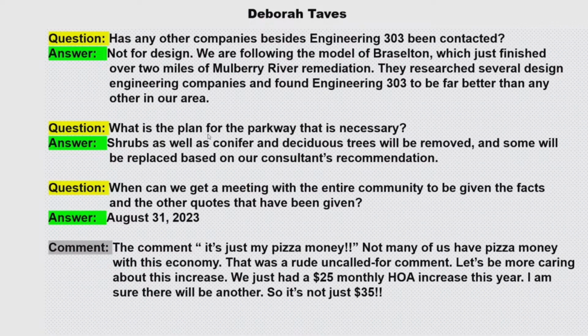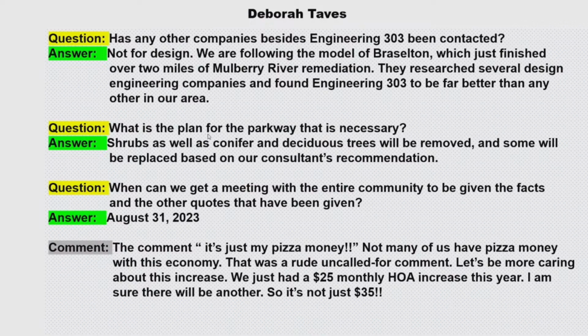And a comment, it's just my pizza money. Not many of us have pizza money with this economy. That was a rude, uncalled for comment. Let's be more caring about this increase. We just had a $25 a month HOA increase this year. I'm sure there'll be another, so it's not just $35.